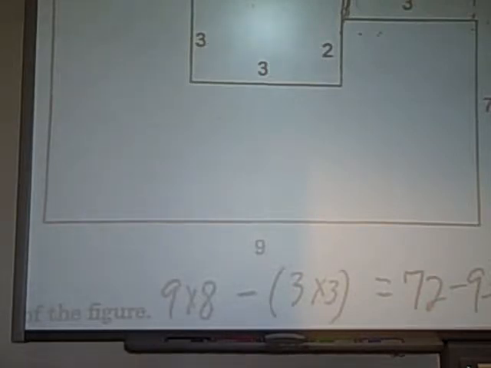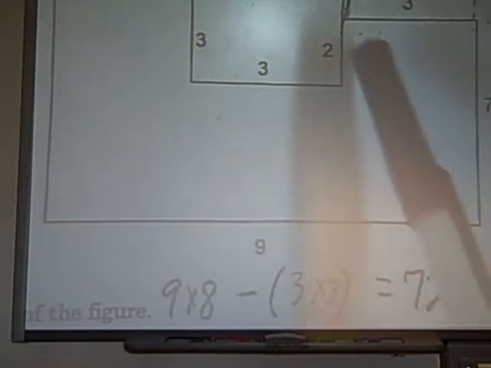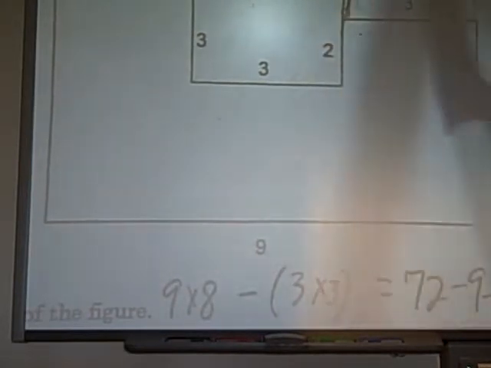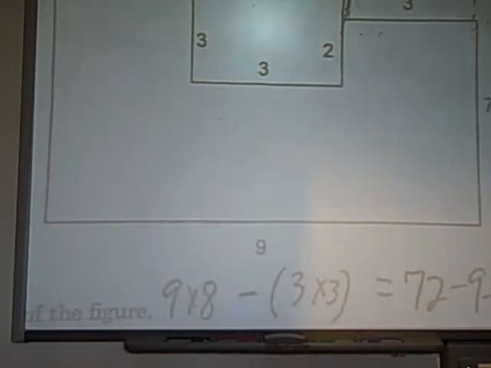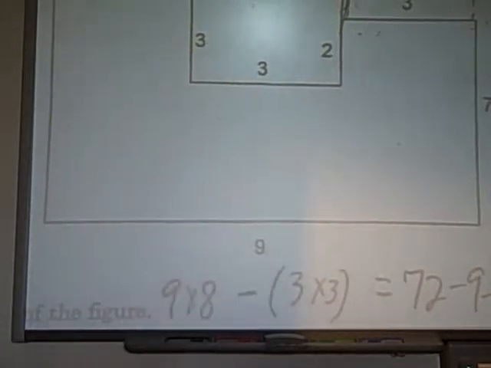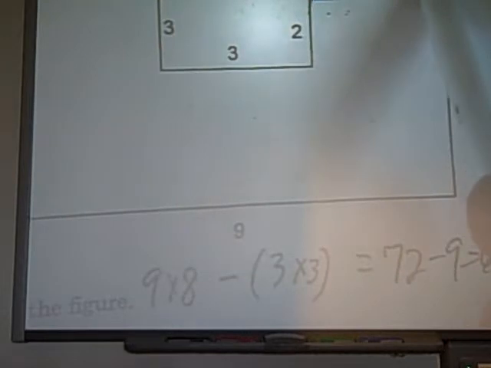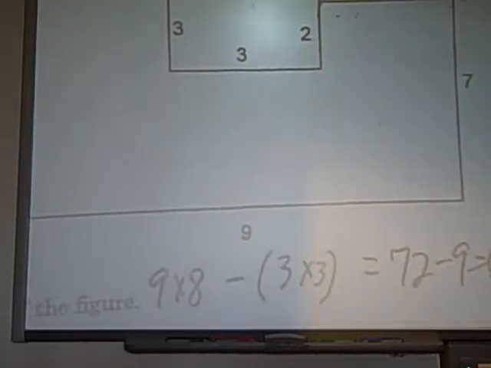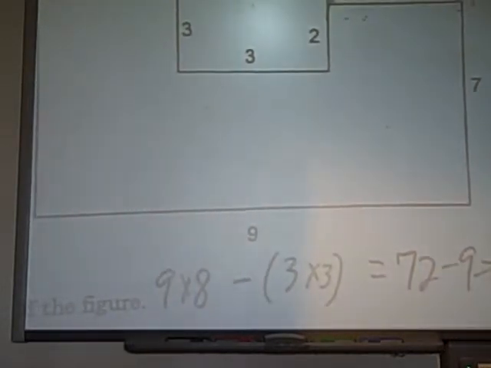They decided to make the whole diagram a big rectangle. And then they were going to subtract this dotted line section and not take that section into account. And they forgot to do that. Okay? Because they did 9 times 8, and then they did 3 times 3, and they had an error here. Okay.